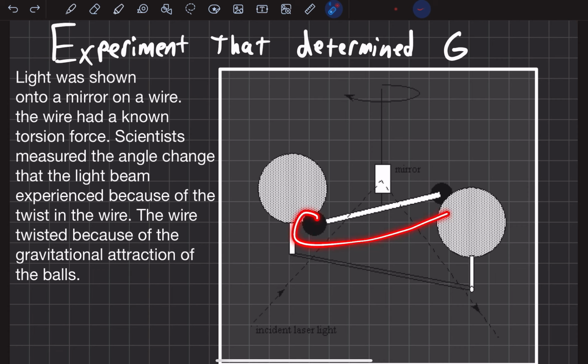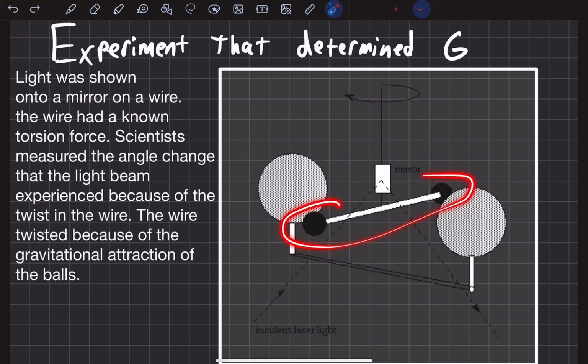Next to this rod they placed two giant and incredibly heavy spheres, made out of lead or some other heavy metal. So they're incredibly dense. They have a lot of mass, which we know would help with the force of gravity. The heavier the object, the higher the force of gravity. And they placed the rod near the spheres so that, again, the force of gravity increases.